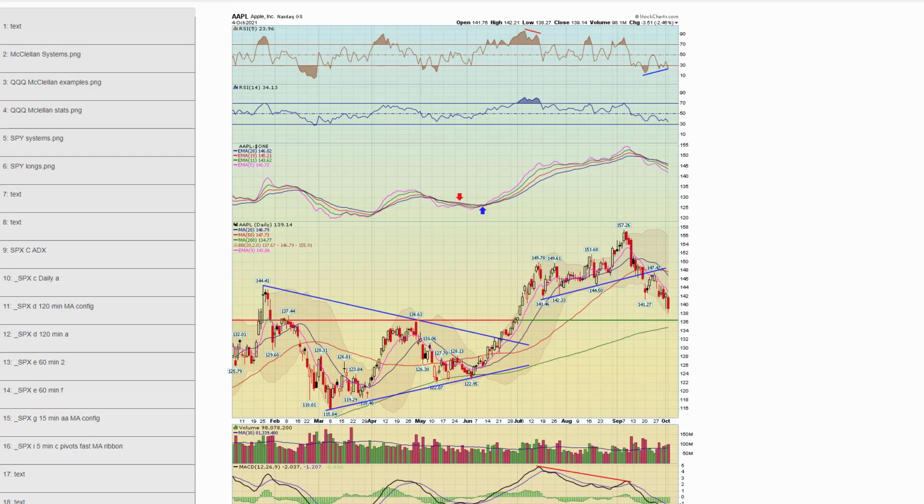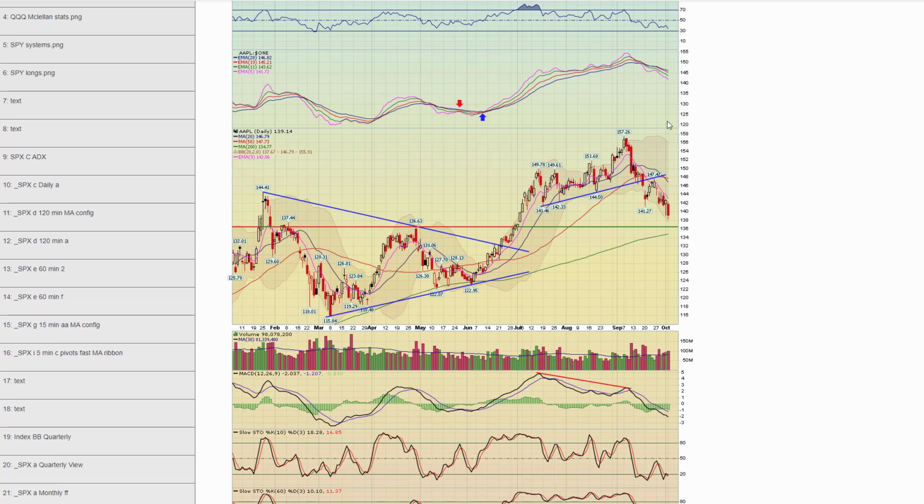taking a look at the FANG type stocks, the big 5, which have the huge weighting on the market, these big cap tech stocks. Apple, as you know, back here in September when it lost this support. First off, you had a nice MACD divergence there at the highs. So once it lost this support, I favored a rally and back test of this broken trend line, which is what happened.